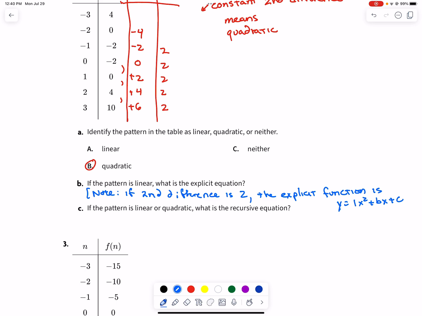If you plug in 0 for x, for instance, we know that C is -2, and then you plug in 1 for x and figure out what B is.